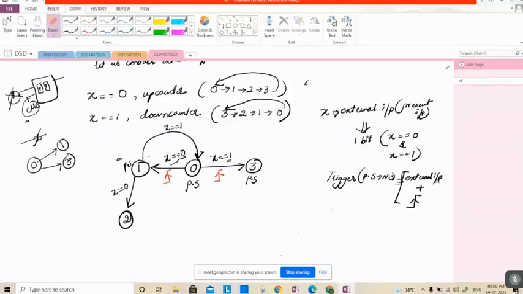So what you are supposed to do is just redraw a line from 3 to 0. This happens whenever x is equal to 0. Right. Next, if x is equal to 1, what will happen? Present state is 3.